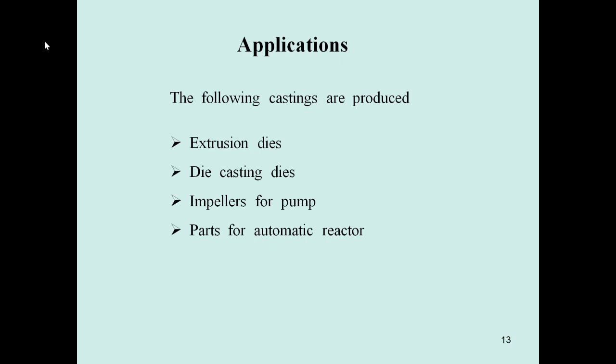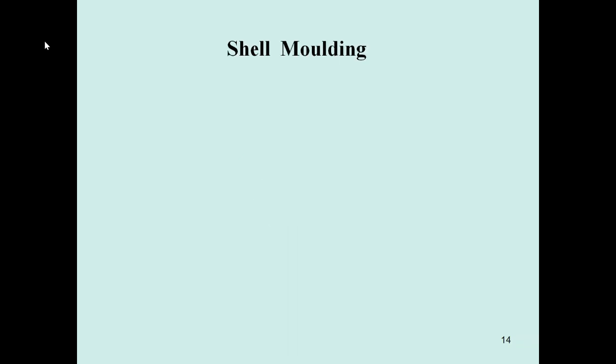Next one will be shell molding. This process was invented by Johannes Croning, and it is sometimes called the Croning process or C process.